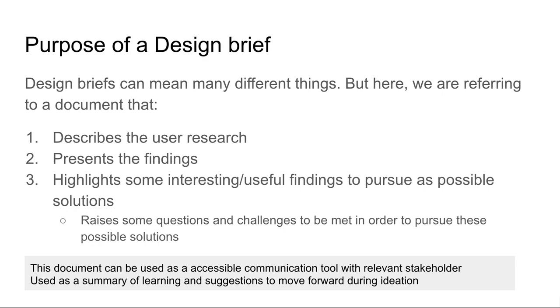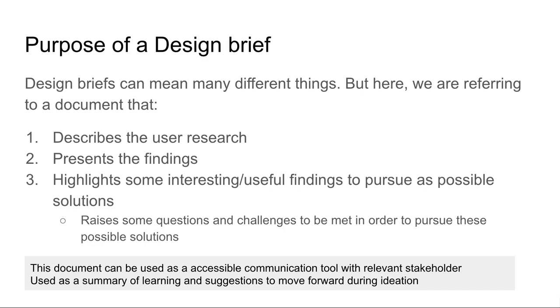But here we're referring to a document that has information about what you did in your user research, what you found, and highlighting some of the interesting and useful findings to pursue a possible solution or possible solutions. It also includes some potential questions and challenges you want to think ahead. So if these are interesting things that we want to pursue, what are some of the considerations we need to think about when we go ahead and do that?